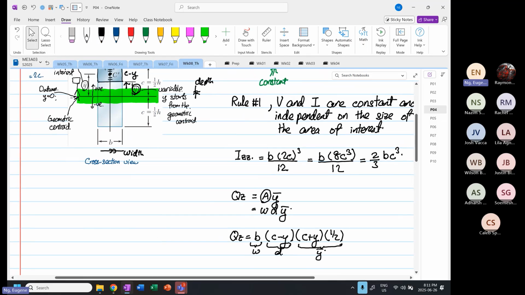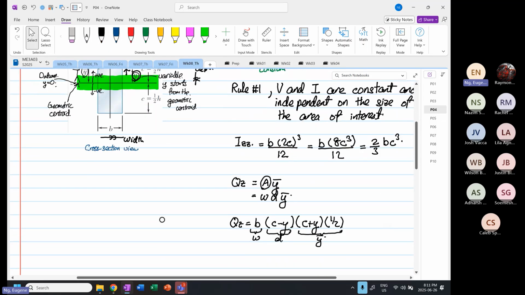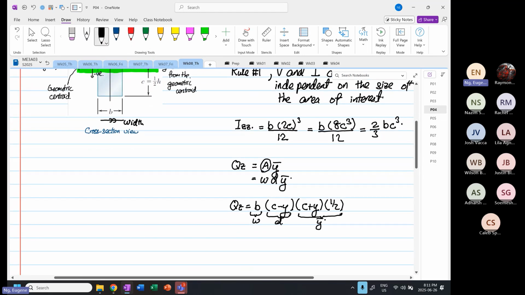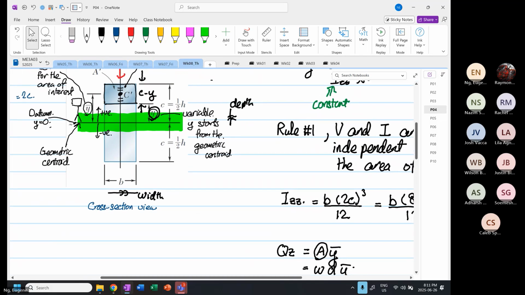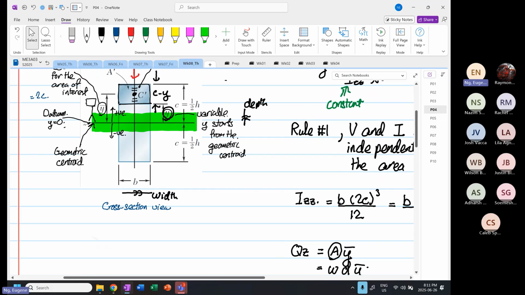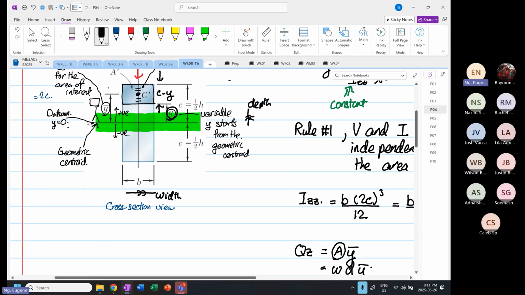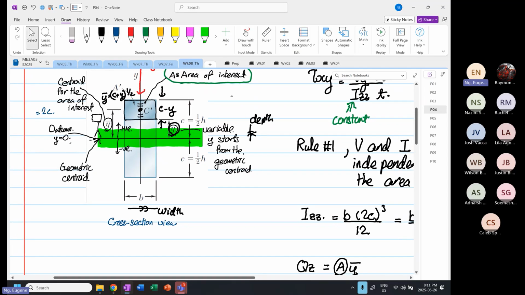Now, some of you will ask me, Eugene, why is the Y bar C plus Y multiplied by half? We know that Y bar is equal to C plus Y multiplied by what? Half. If you want to prove to yourself why, let me ask you a very simple question.